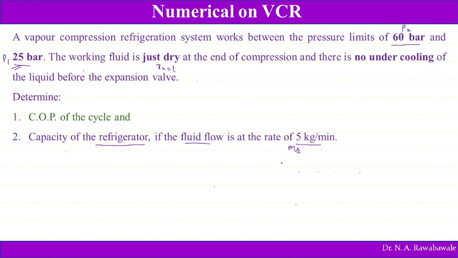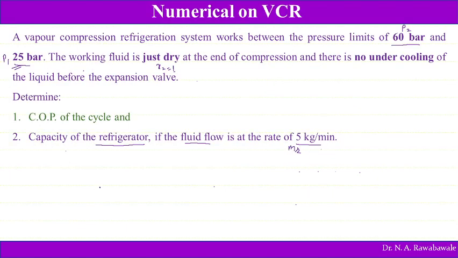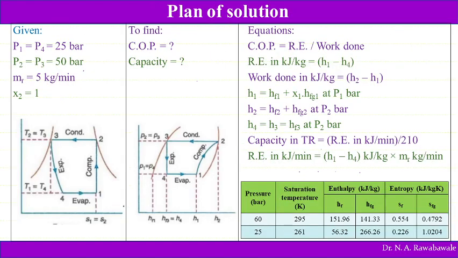So now let us collect this data and plan the simplification of this problem. He says that the pressure limits are 60 bar and 25 bar. So pressure P1 is 25 bar.